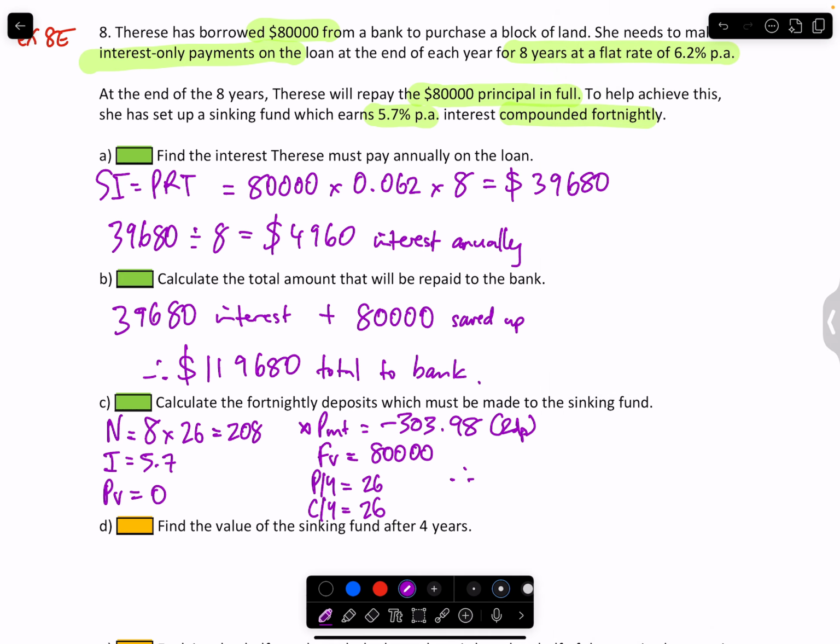Therefore, $303.98 fortnightly into sinking fund.